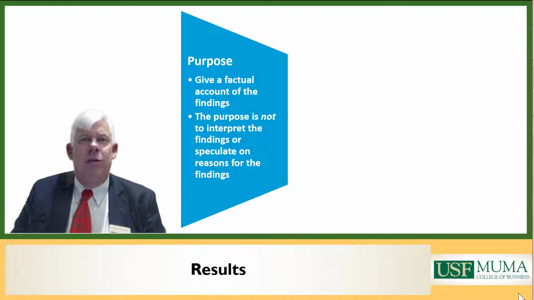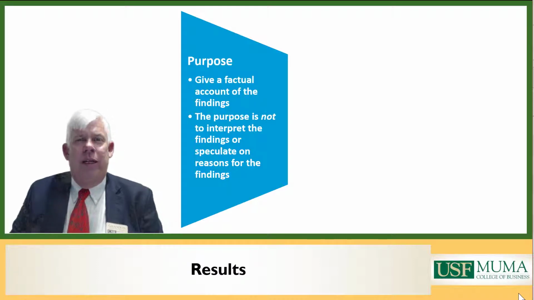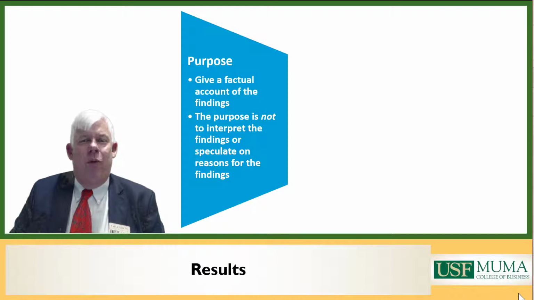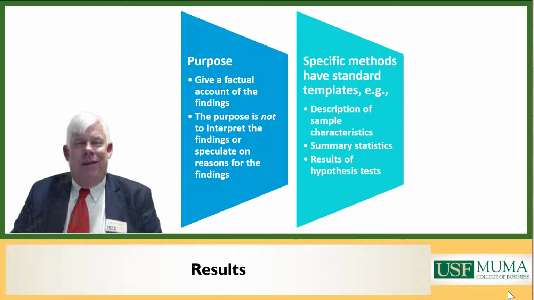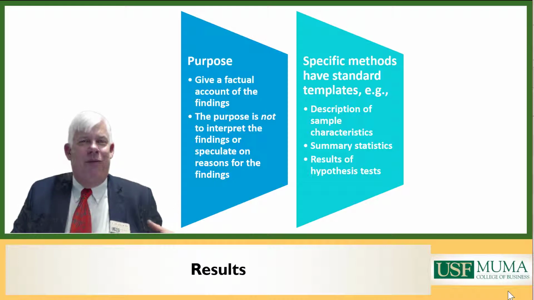Now, in some cases, you might report the results of hypotheses tests, true or false, but you don't really interpret them. You simply report the values. Now, different methods have different standard templates for results.